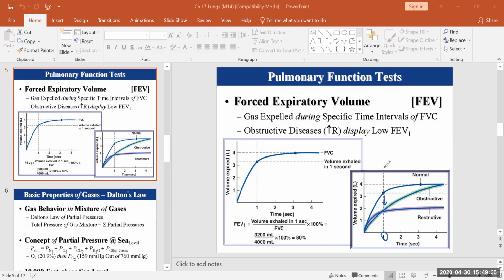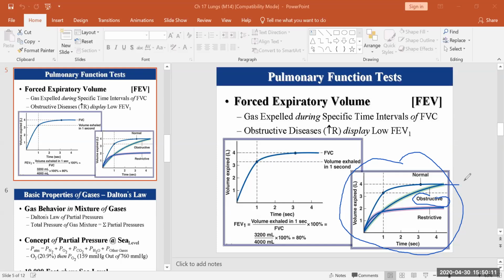If you look closely on this panel here, you can see clearly that in obstructive disease, even though the amount of air that gets out in the first second is significantly lower, if you allow enough time, the lung is still capable of reaching a normal forced vital capacity.